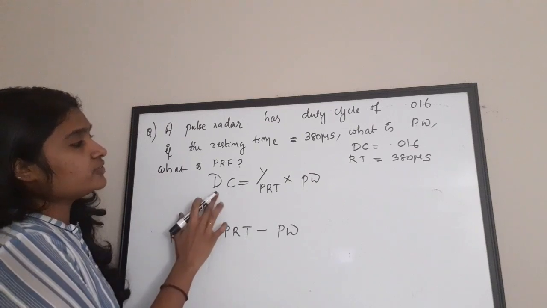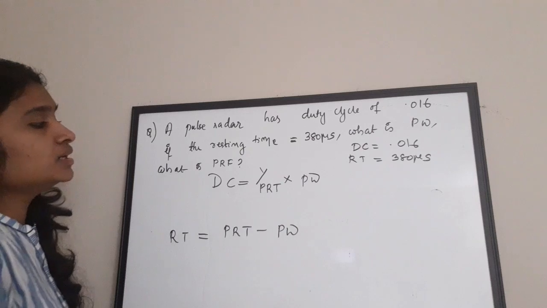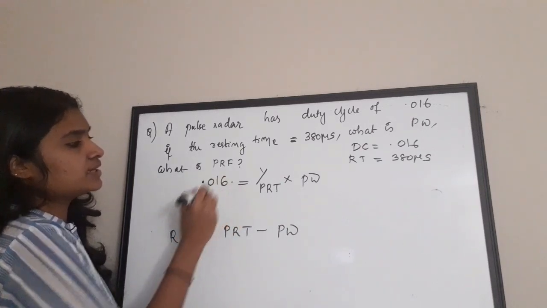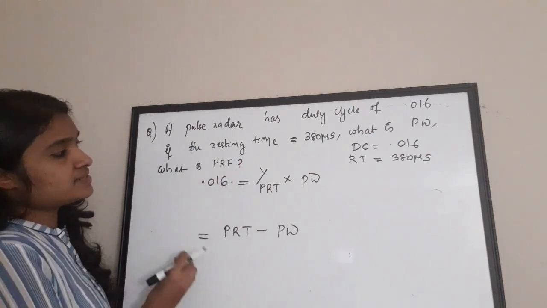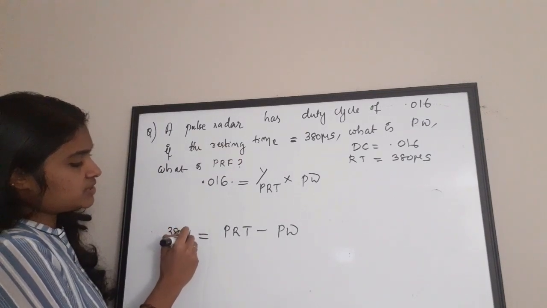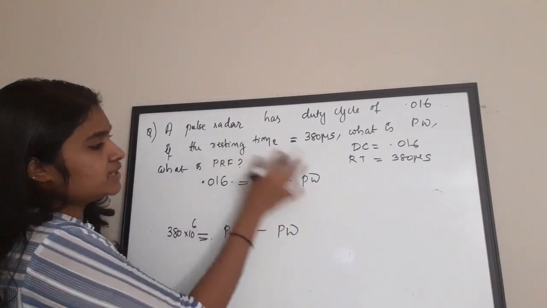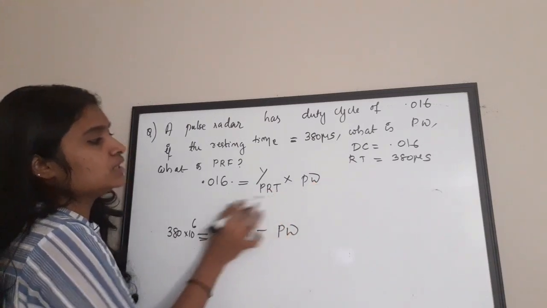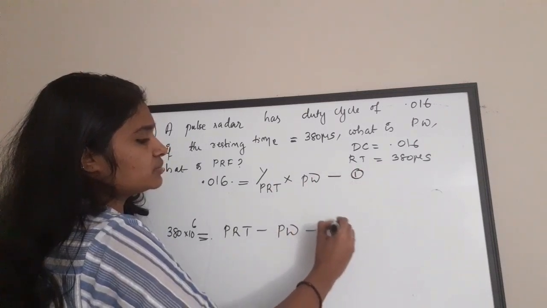Now we have the value for the duty cycle. Duty cycle is 0.016, right? Also, we have the value for resting time, which is 380 microseconds, that is 380 into 10 raised to minus 6. Now, let us try to form a relation for either PW or PRT from this equation. Let this be equation number 1 and let this be equation number 2.